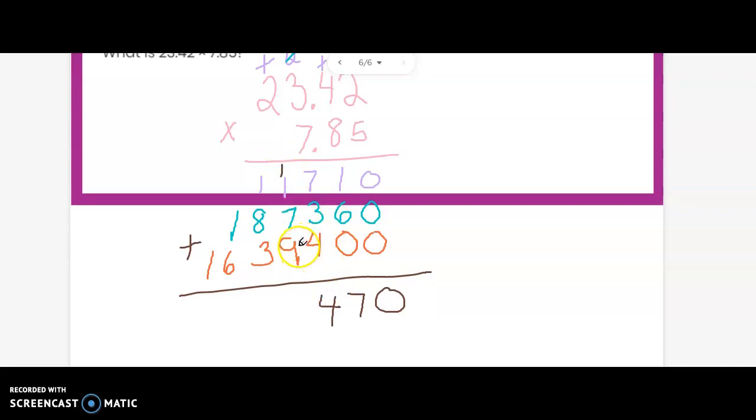This one, I always do this: 9 and 1 is 10, and then 17, and then 18. 8 and 2 is 10, and 3 more is 13. 6, 7, 8, and bring down my 1. And now I'm not done yet.